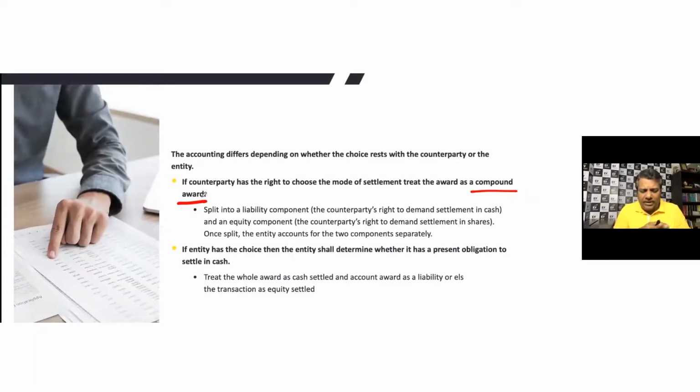For the portion I believe will be settled by way of equity, that will be treated as equity. So treat the whole award as cash settled and account for the award as a liability, or else account for the transaction as equity settled. So it all depends upon my intention.